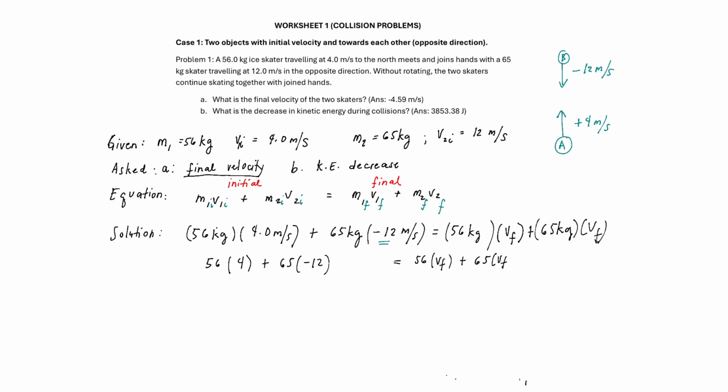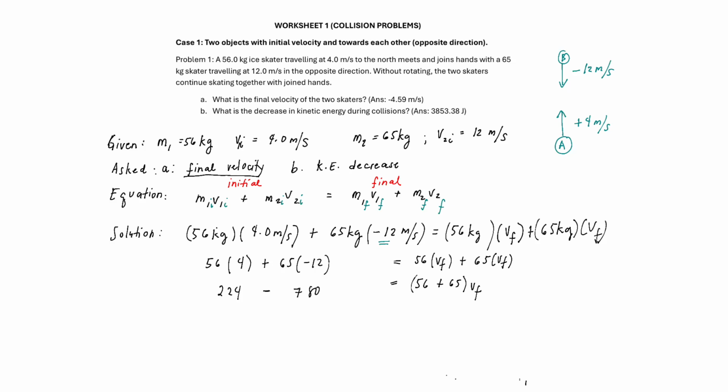Notice here that we could factor out the Vf, so that would become 56 plus 65 times Vf. Then 56 times 4 is 224. 65 times negative 12, we press our calculator, that would be negative 780.